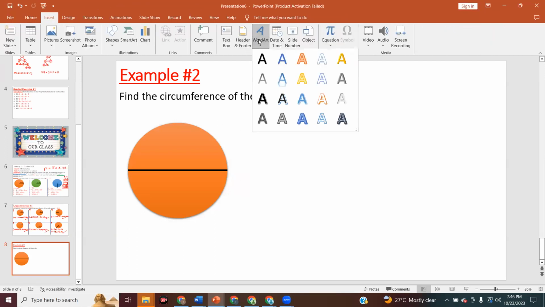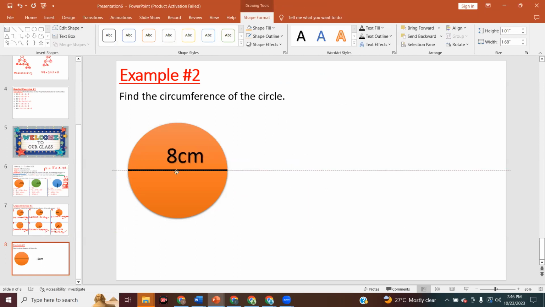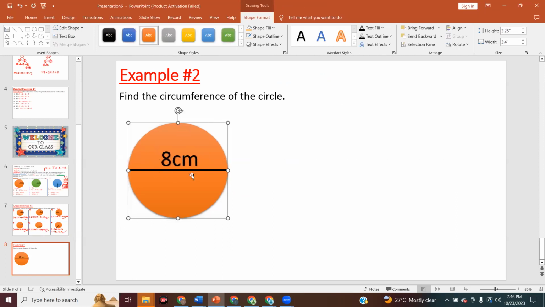You know that this length here is 8 centimeters. Do not answer verbally. How would you find the circumference of the circle if you know that this length right here is 8 centimeters?